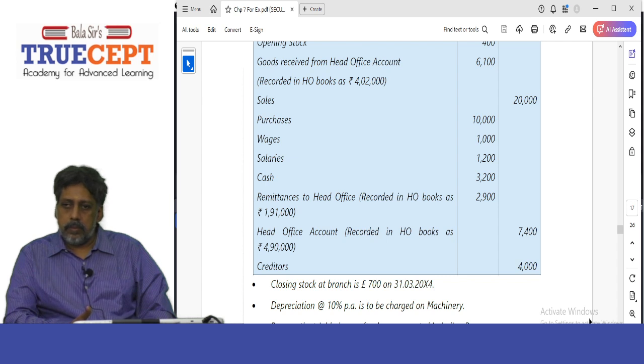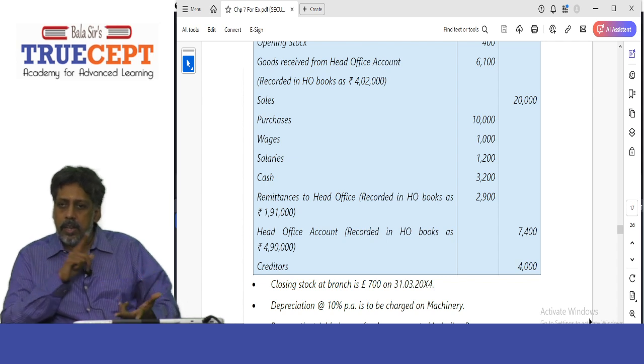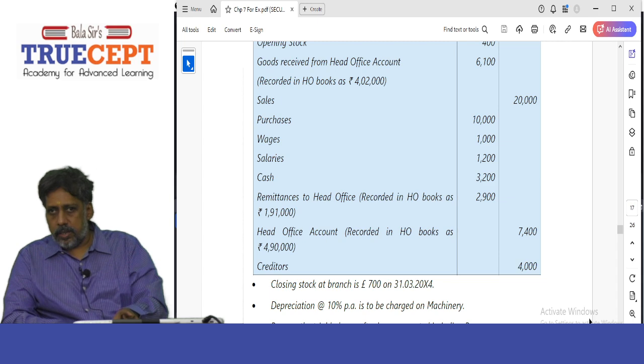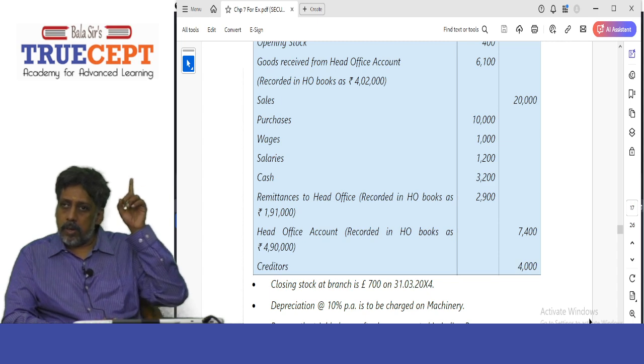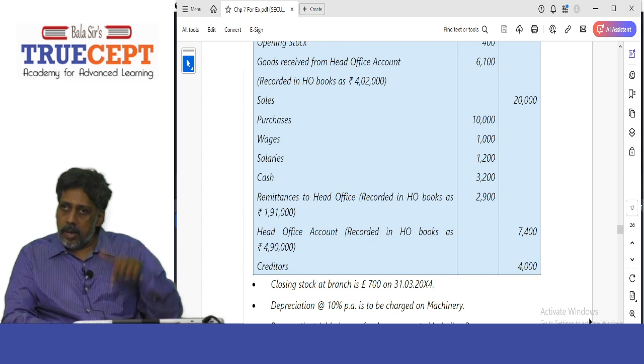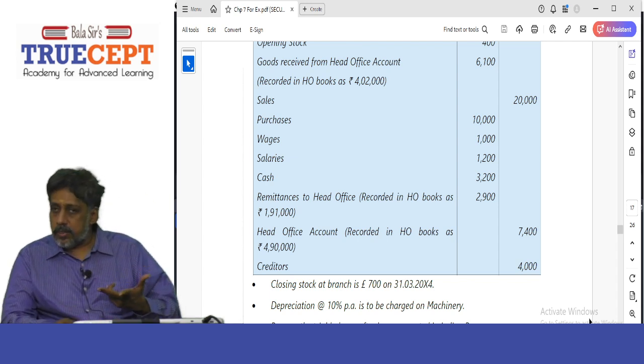Remittance to head office recorded in head office books as 1,91,000 rupees, 2,900 pounds. The rupee value is given to you. Next, head office account recorded in head office books as 4,90,000 rupees, 7,400 pounds. It is a credit.